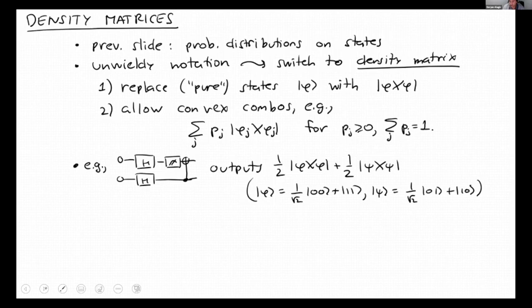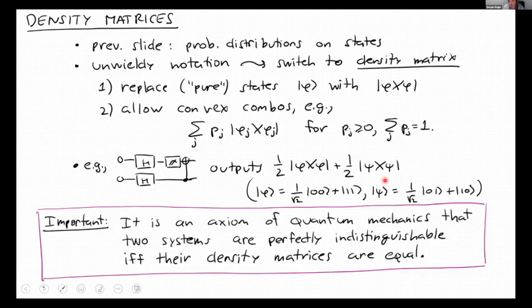So for example, in that example that we were talking about, the way I would write the final state is, it's an equal classical distribution between two pure states, namely this one and this one. And so I write it as a half times the outer product of this state with itself plus a half times the outer product of this state with itself.